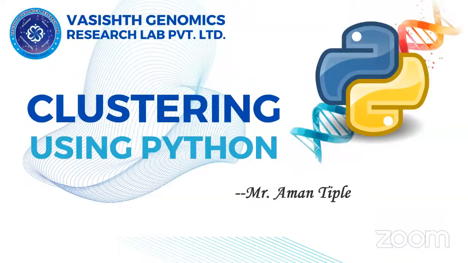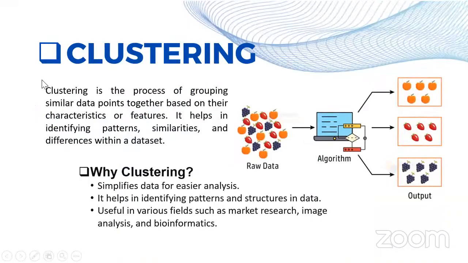So let's understand what actually clustering is. Clustering is the process of grouping similar data points together based on their characteristics or features. It helps us in identifying patterns, similarities, and differences within the dataset.